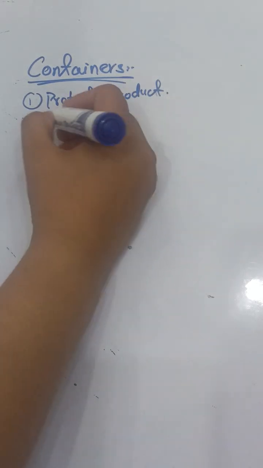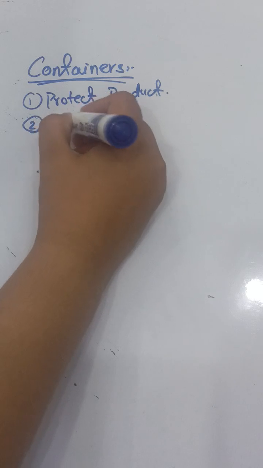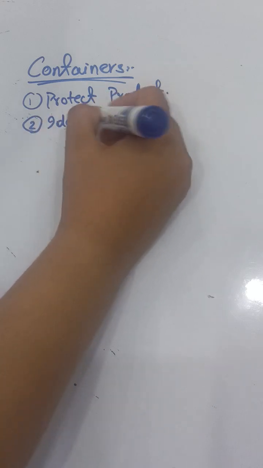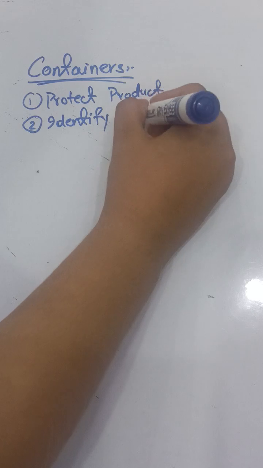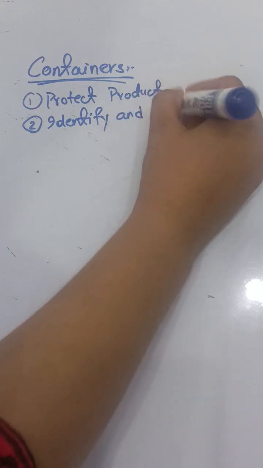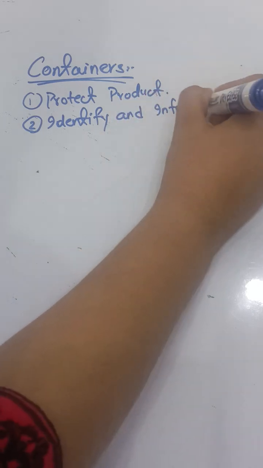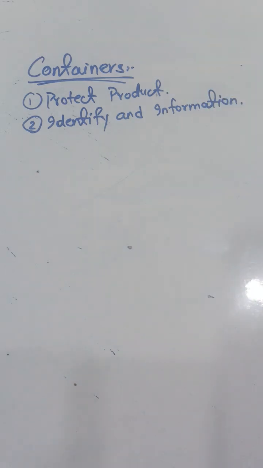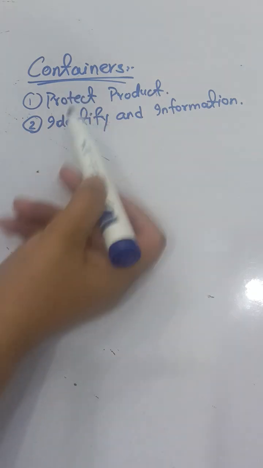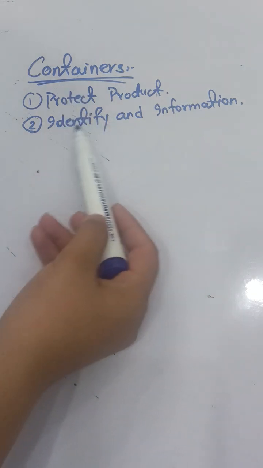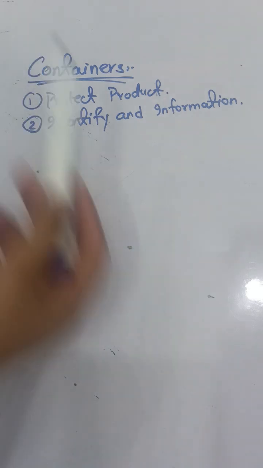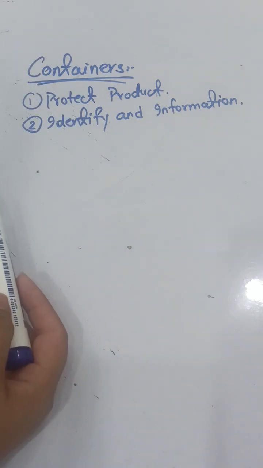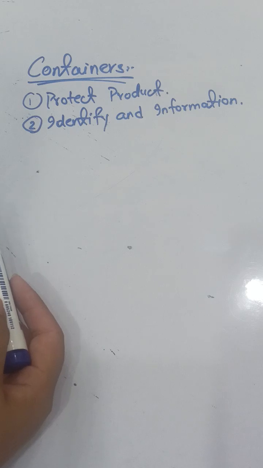So it identifies and provides us the information about that particular product which is inside it. Okay, so I'm not writing everything, I'm just giving you the hint. So it is protecting us, it is going to inform us or identify what kind of product is inside it, and it keeps this product safe and stable during storage.